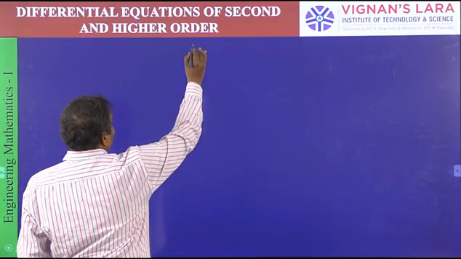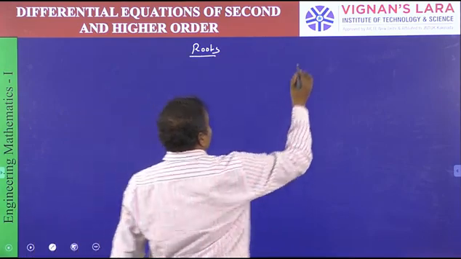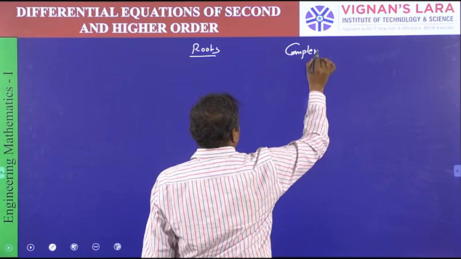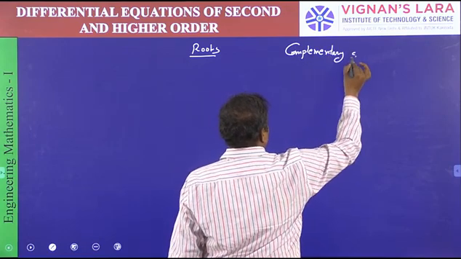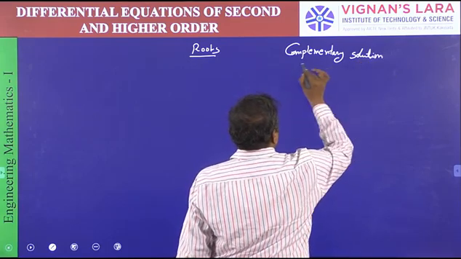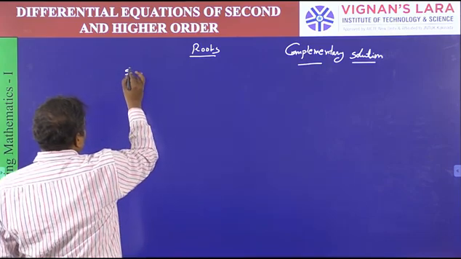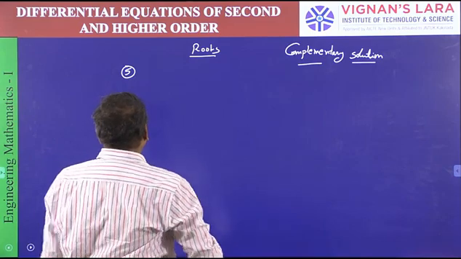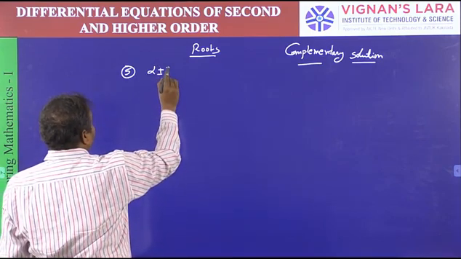So here, roots and complementary solution. Complex roots means they are of the form alpha plus or minus i beta.